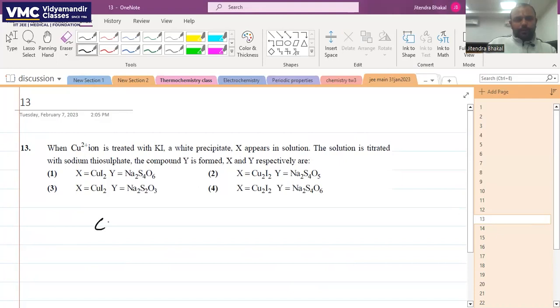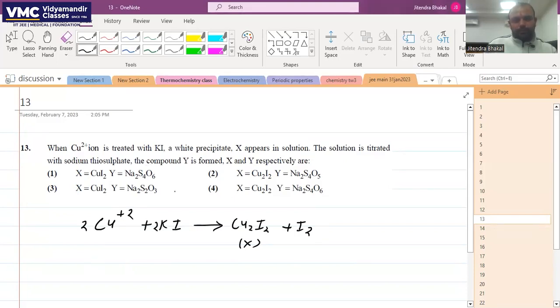Now, in this, KI will act as a reducing agent and it will form Cu2I2 plus I2. This is X. The solution is titrated with sodium thiosulfate.